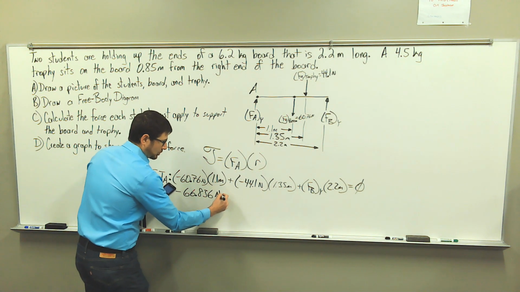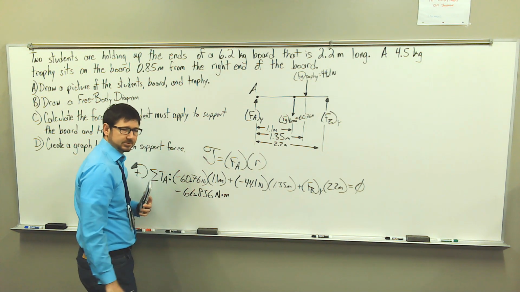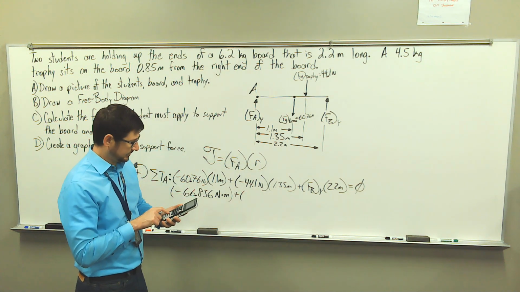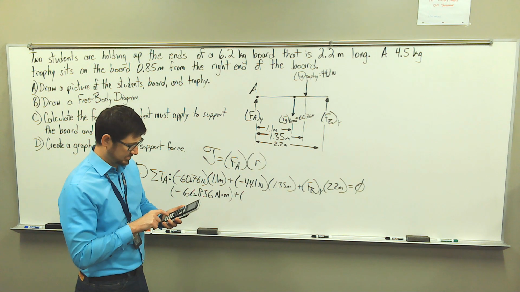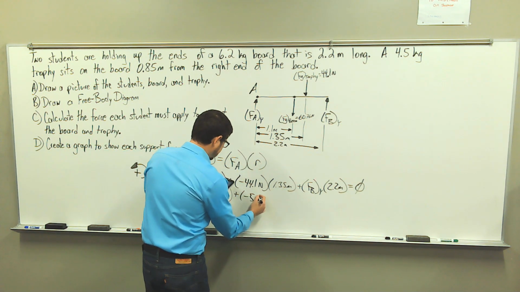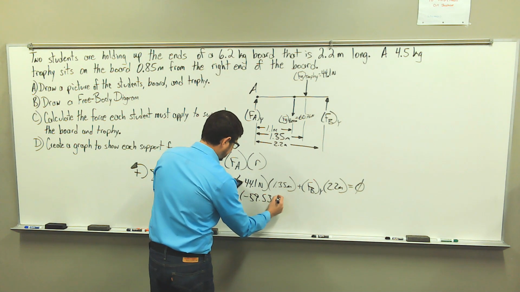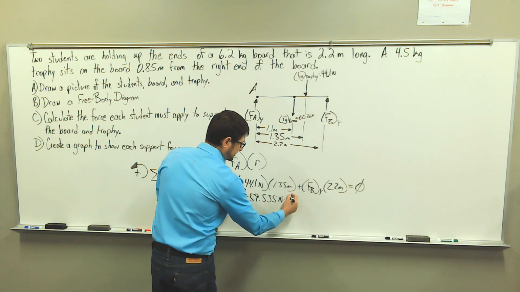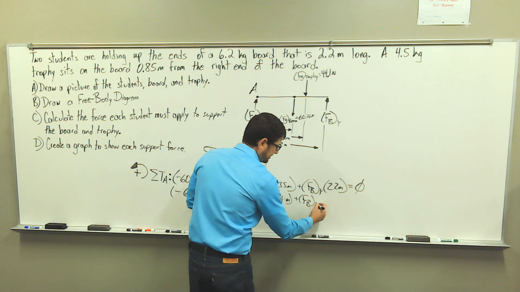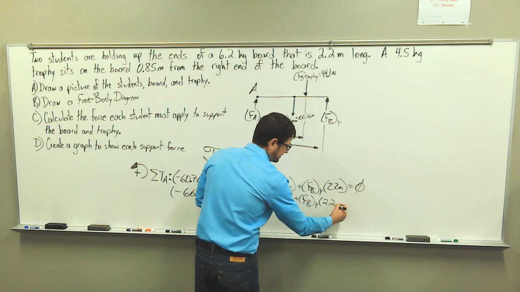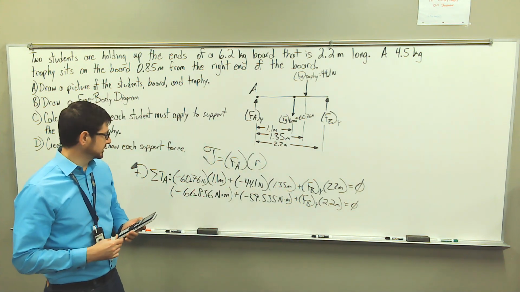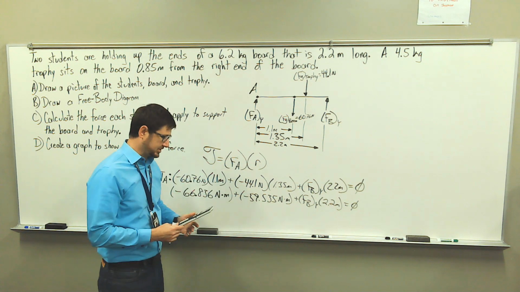Our units are going to be in Newton meters, plus, I've got negative 44.1 times 1.35. I've got negative 59.535 Newton meters plus support force B, so F sub B sub Y times 2.2 meters, and we're setting all of this equal to 0. Now we're going to add these two values.